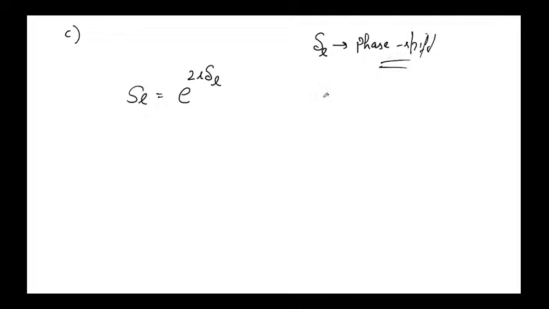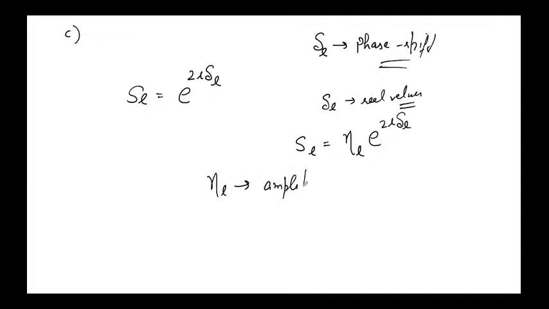Sigma L has real values, while in case of absorption we write this scattering coefficient as eta L exponential of 2i sigma L, where eta L is the amplitude of the Lth diverging partial wave.